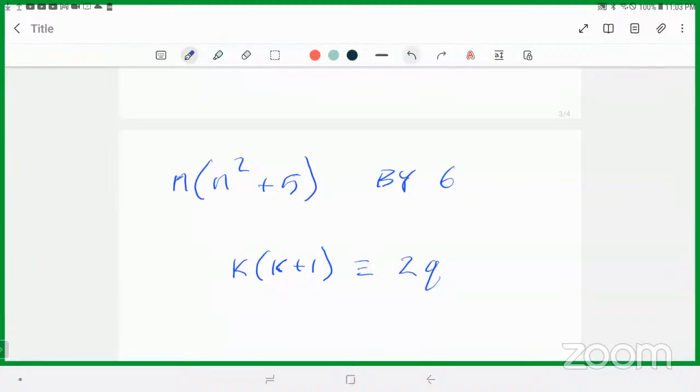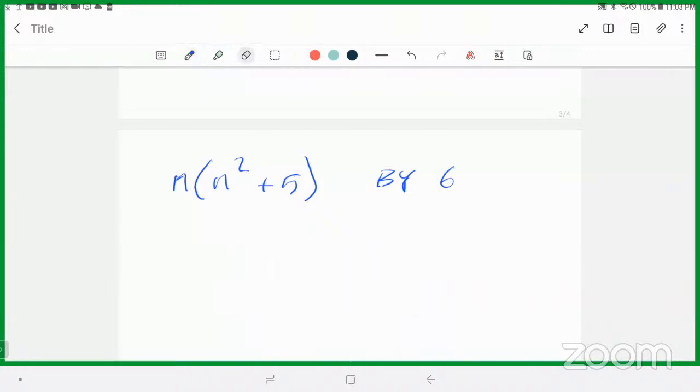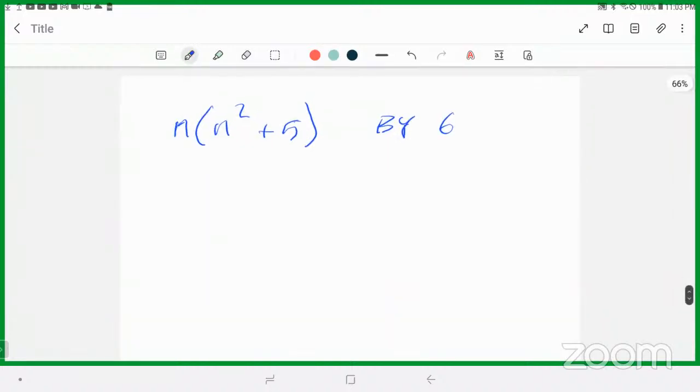Anywhere you have the product of two consecutive numbers, k times (k plus 1), it is even. It can be expressed as 2 times q, where q is an integer. At some point, this will apply in this one. I told you before. Let's see if I'm telling the truth. All right, let's do it.